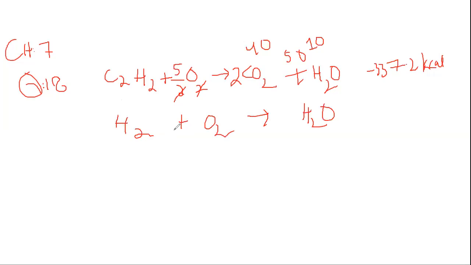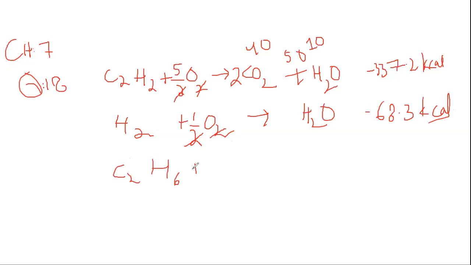So we have to balance this. How can we balance this equation? We have to take half of this oxygen gas. This 2 will be cancelled out with this 2. So enthalpy change for this reaction is minus 68.3 kilocalories.